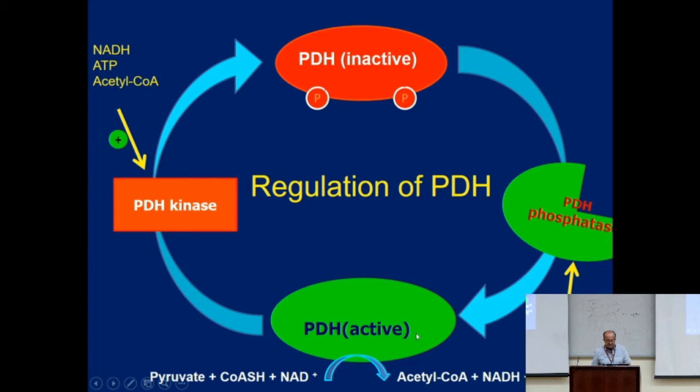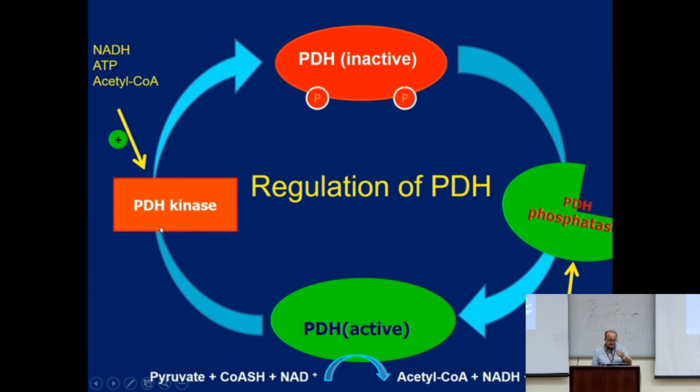So here's the active PDH. Again, that's the three catalytic enzymes. It's active when there is no phosphorylation on the catalytic enzymes, converting pyruvate to acetyl-CoA plus NADH plus CO2. As these guys accumulate, think about it. Let's say pyruvate dehydrogenase is going, you have a lot of acetyl-CoA, a lot of NADH. As these accumulate, they will allosterically activate PDH kinase.